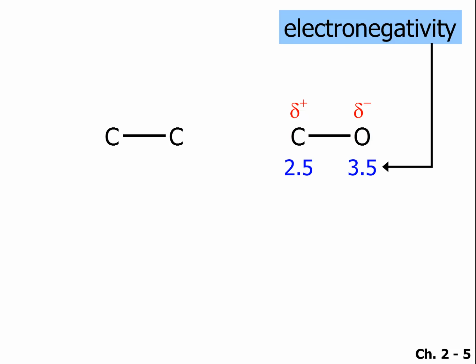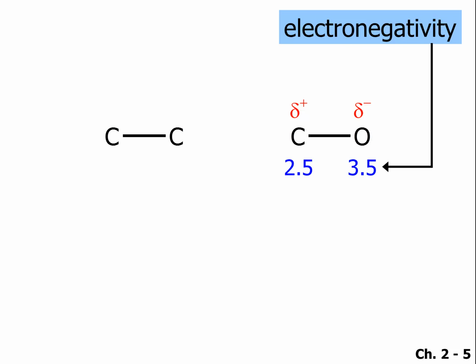If it's a difference in electronegativity of 0.4 or less, we say that that's a nonpolar bond. That would be like our dear friend here, the carbon-carbon bond. If we have a difference in electronegativity of 0.5 to 1.6, then we've got ourselves a polar bond. And of course, if we go 1.7 or greater, now we're looking at an ionic type of bond.